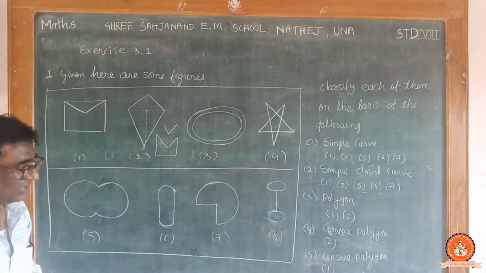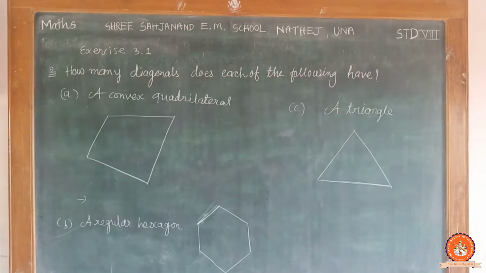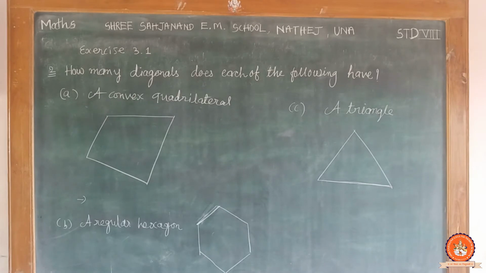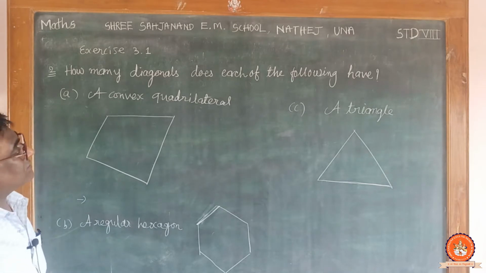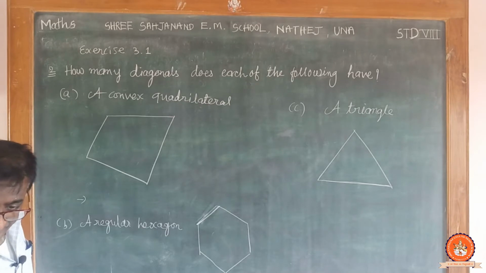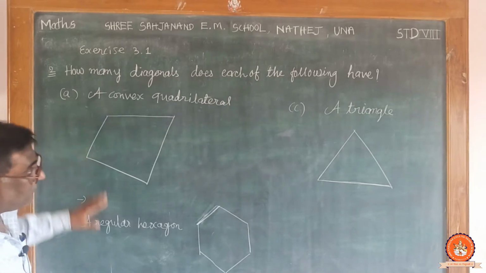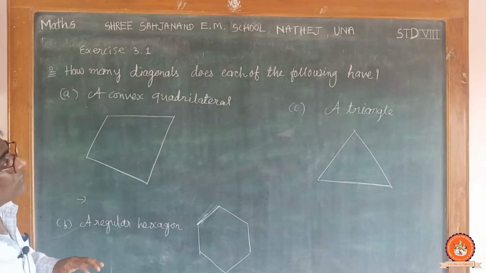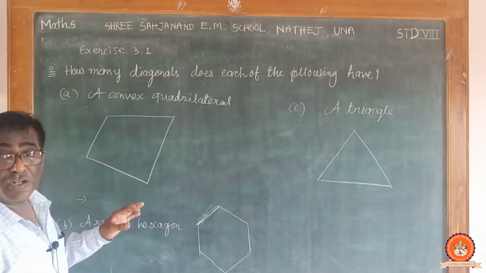Okay, my friend. Now, question number 2. How many diagonals does each of the following have? We have three figures, and we have to find the number of diagonals a particular figure has.